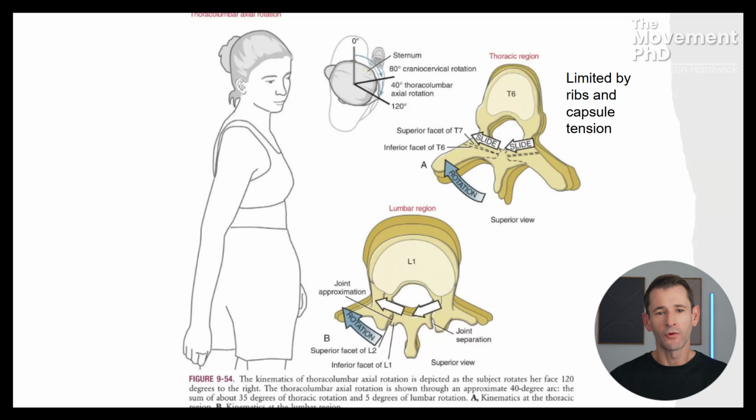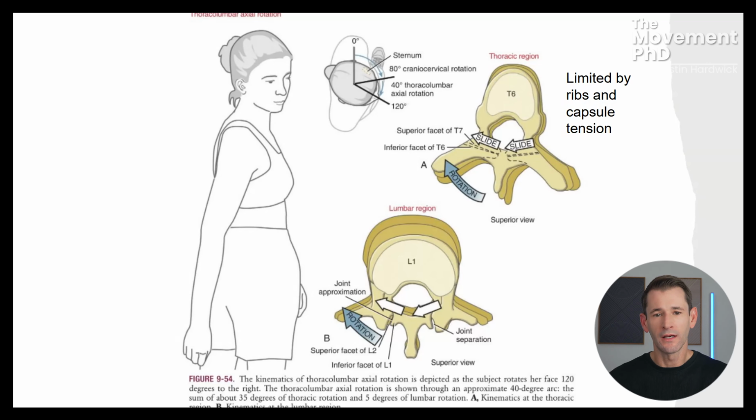Let me say that one more time because I think this is probably the most confusing one. With right rotation, the spinous process is going left. Therefore, we get joint approximation on the left and joint separation on the right. So what limits rotation? Well, the approximation on that left side is going to stop it from rotating because we have those facets in that sagittal plane.